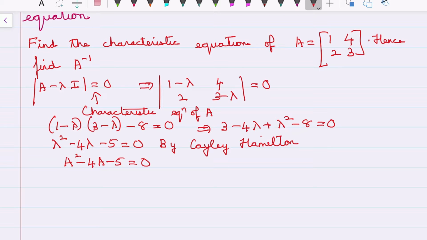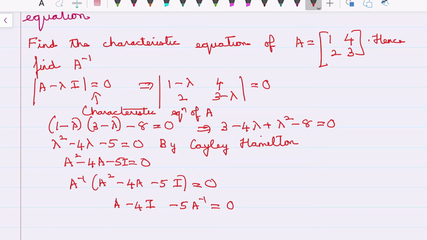So pre-multiply both sides by A inverse. So I get A inverse into A squared minus 4A minus 5I equal to 0. Multiplying, I get A minus 4I minus 5A inverse equal to 0.